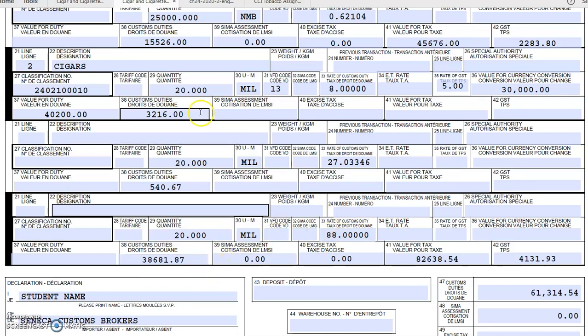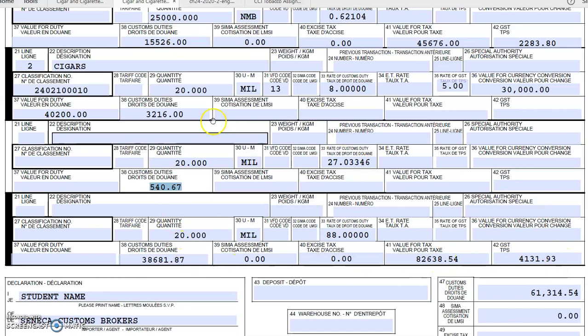For the duty paid value, you need to add together the value for duty, the customs duty, the excise duty together, okay, and multiply that by 88% to get this customs duties. Do not fill in the value for duty, okay? And then you add up 1, 2, 3, 4 to get the value for tax, times 5% get the GST.